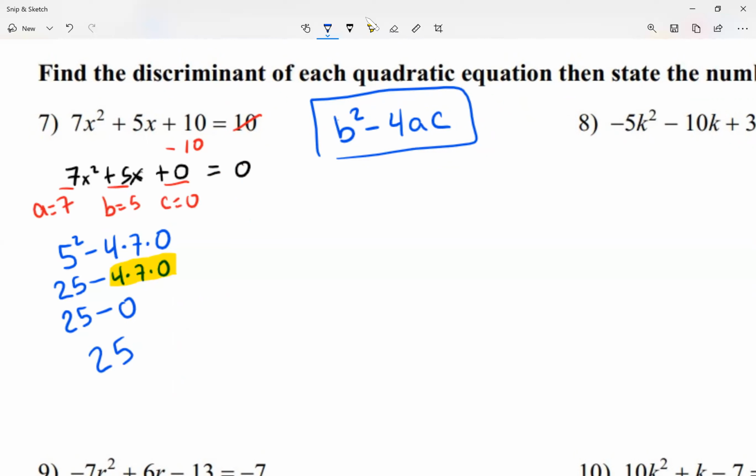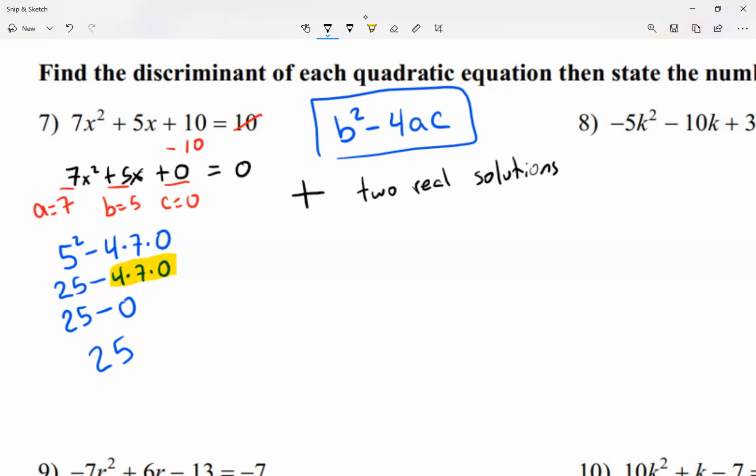If my discriminant is positive, I'm going to get 2 real solutions. Okay, so what does that mean? Like my answers could be numbers, right? Like positives or negatives. I'm gonna get 2 real solutions. Again, I'm just looking at the sign.